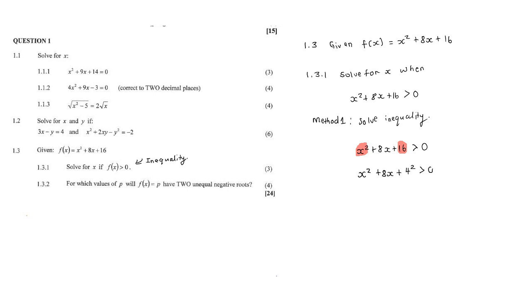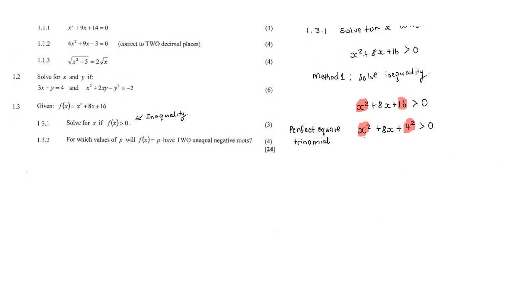We want to know when this is greater than 0, right? You can see you have perfect squares as your first term and your last term. Remember I said that when you have this case, we didn't look at it a lot in our revision, but when you have this case of a trinomial, it factorizes very nicely into a binomial squared, and this is greater than 0.